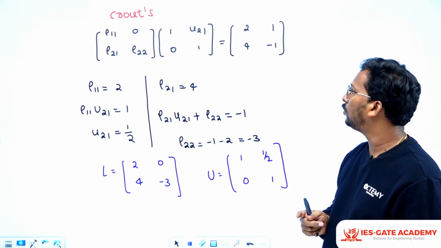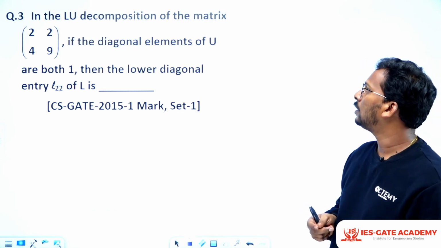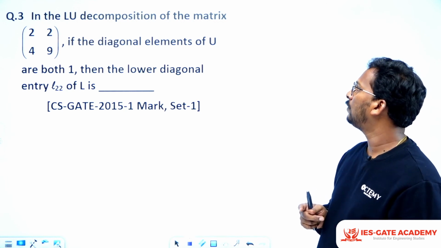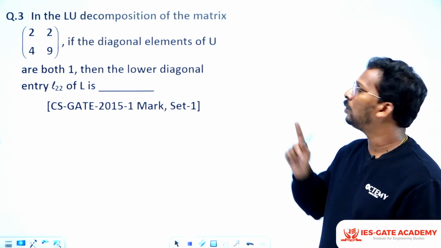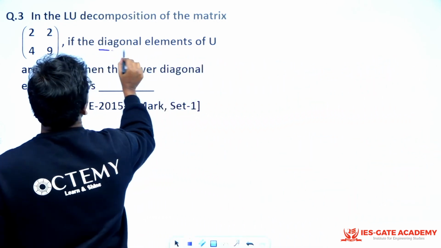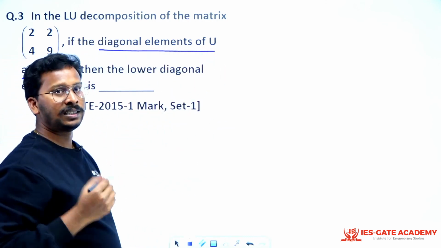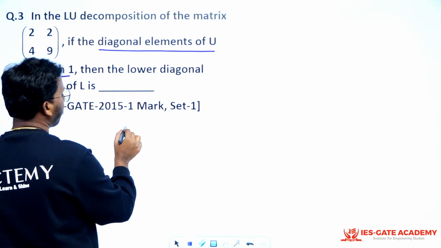Let me go to another problem which is given here. In this problem, what does it say? In the LU decomposition of the matrix, the diagonal elements of U are both 1. See, in this question, he is perfectly telling that diagonal elements of U are both 1. If he is mentioning it this way, then it is very good. Then the lower diagonal entry L22.